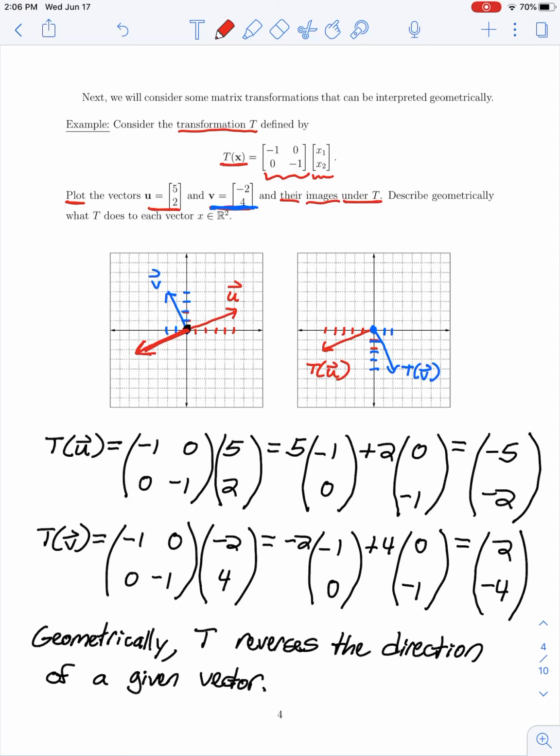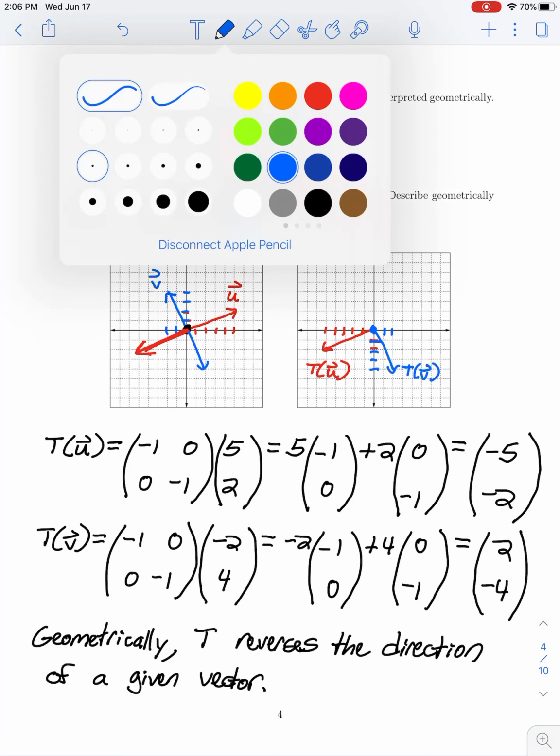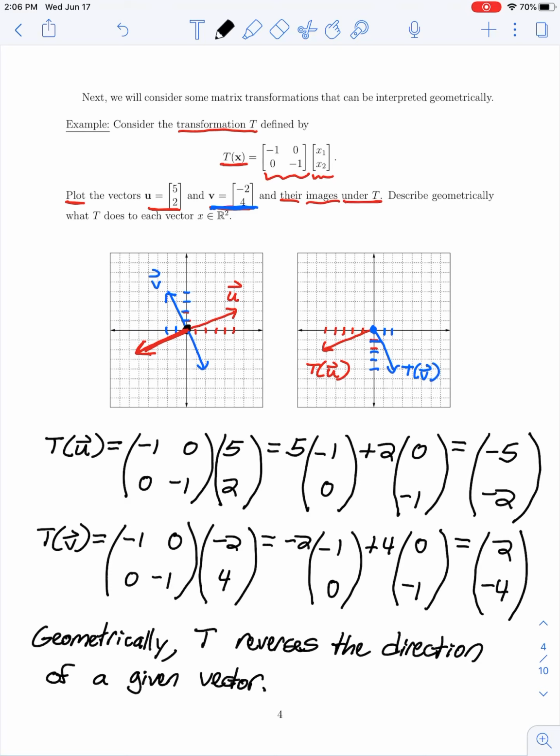That is the vector that was achieved by reflecting the given vector u through the origin. And the vector v had an image shown here. So we could see that the original vector v was reflected through the origin to get its image. So here we could think about this as reversing the direction of a given vector, or reflection through the origin.